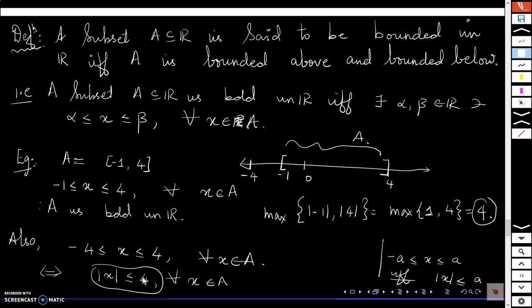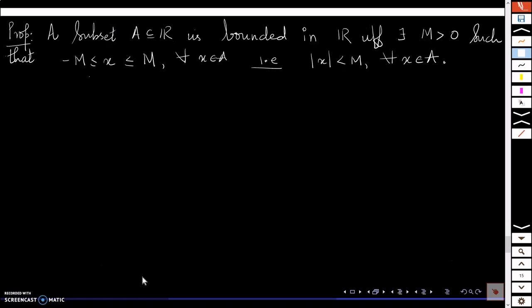So this idea we will capture in the coming proposition, which says a subset A of R is bounded in R if and only if I can find one positive real number m such that -m is less than or equal to x, less than or equal to m for every x in A. And this condition is actually equivalent to this: mod x is less than or equal to m for every x in A. All right.